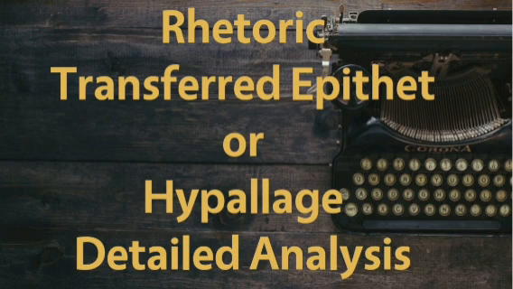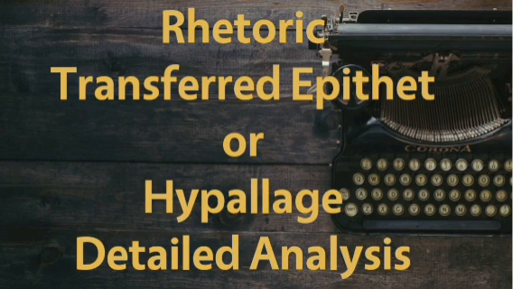So these are the examples of transferred epithet, and we can easily see that the adjective or the epithet is transferred from one thing to another. The essential marks of transferred epithet are, number 1, the epithet is transferred.